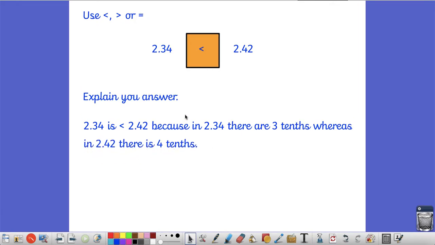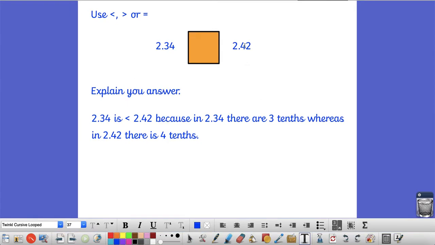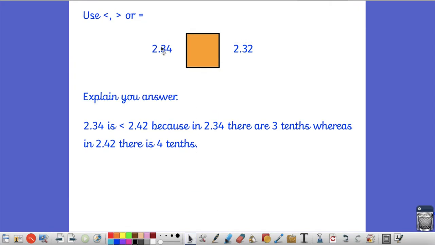Now you might get an occasion where the tenths column is also the same. So, for example, if I change this number to be 3, I've now got 2 wholes in both numbers. I've got 3 tenths in here and 3 tenths in here. So I now need to look at my hundredths column.